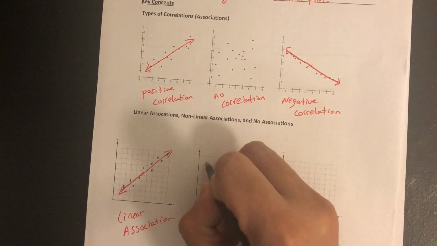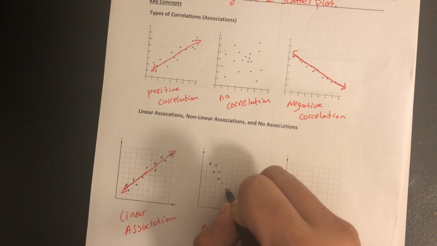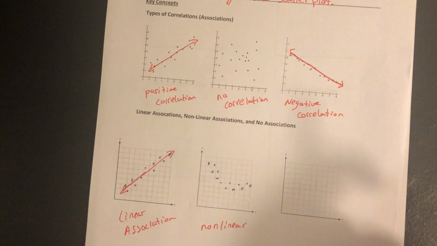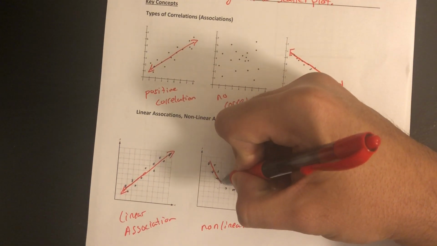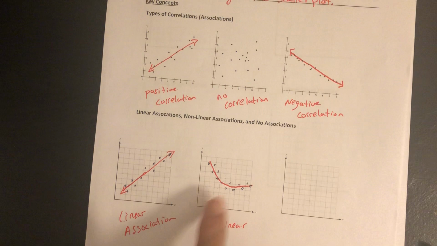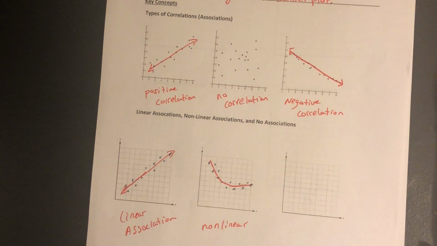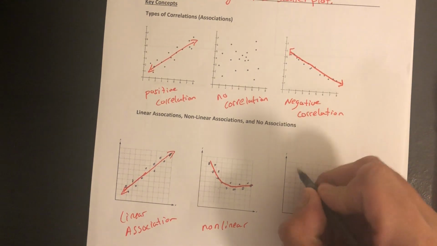An example will be something like this. If you follow the dots, you're going to notice that it basically curves. So the pattern itself is curving, therefore we know that as a nonlinear association, versus over here, which is linear association. And then, of course, the last one is just going to be no association.